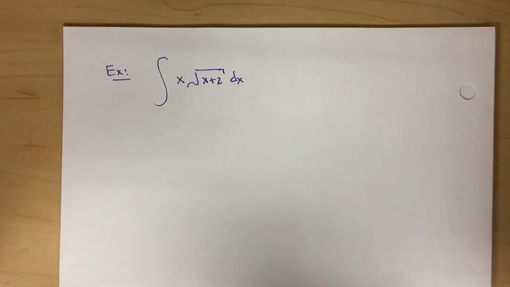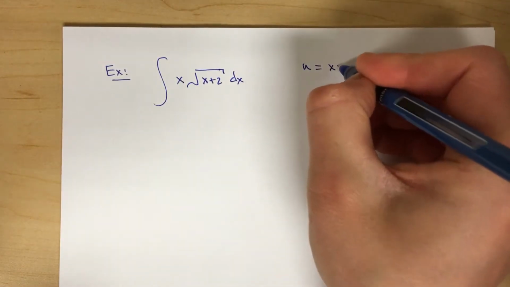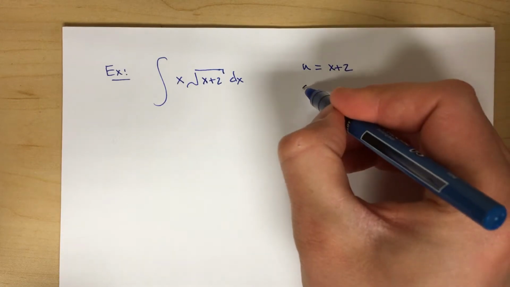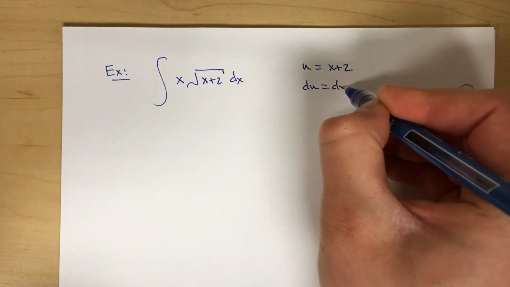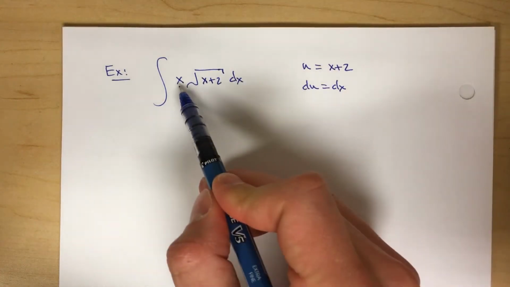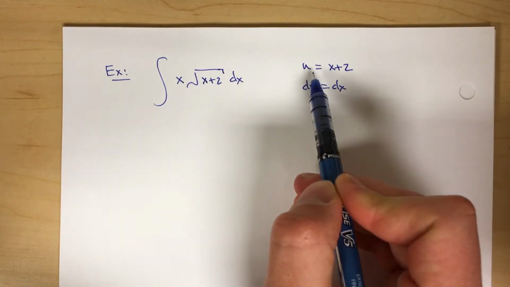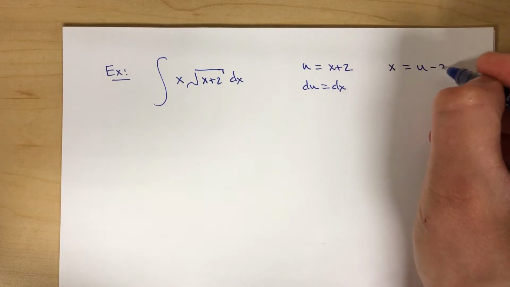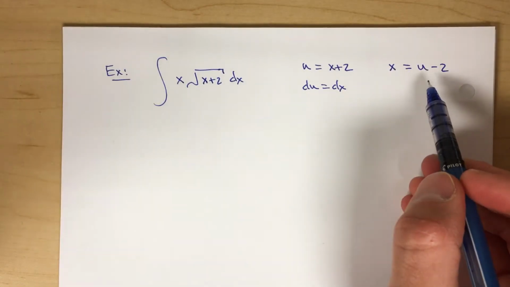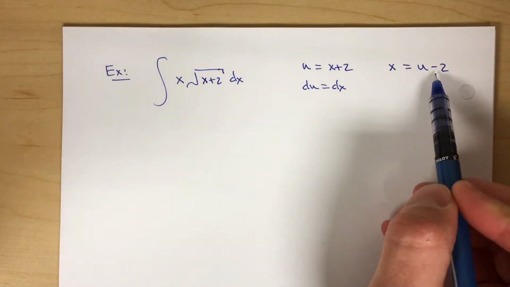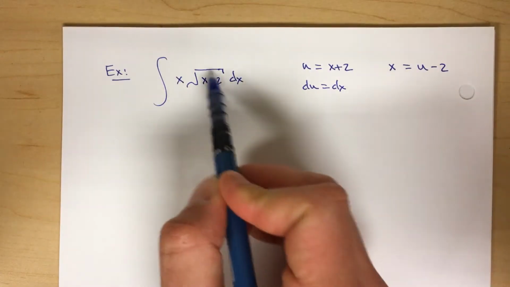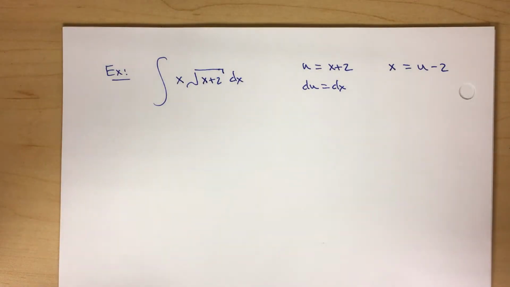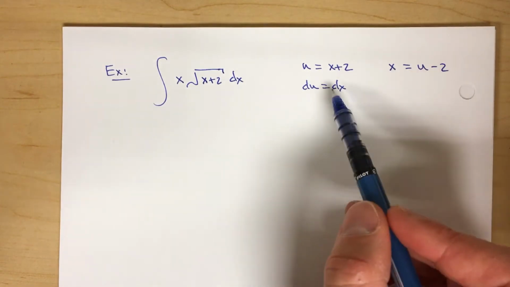So you can still let u be x plus 2, and then du is dx, okay? But we also need the x in terms of u. So what we can do is say, well, x is actually u minus 2. And this is going to help us out because now the subtraction or addition is outside the radical, and that will help us to basically distribute.